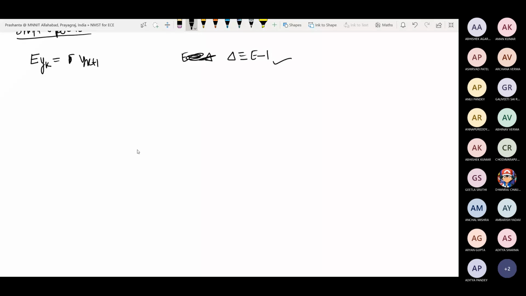In the Gauss forward formula, Gauss backward formula, and the remaining central difference formulas, you will have to choose the center according to your wish. If you want to find the output values at the middle of the table, then you have to choose the center at the middle of the table. The index x naught will be at the middle of the table. So let us see what I am saying.